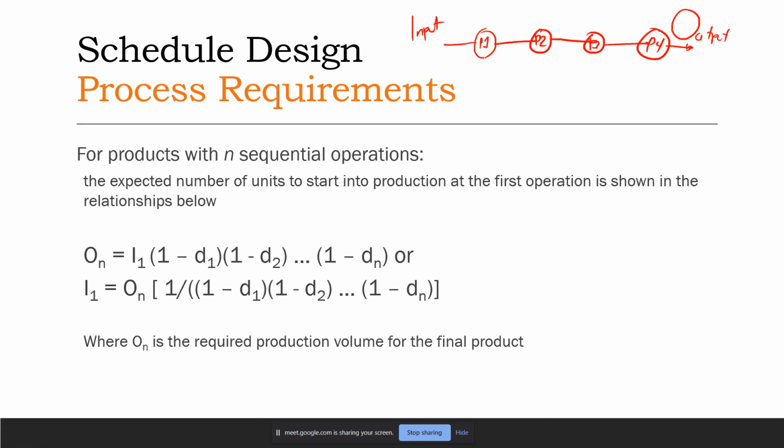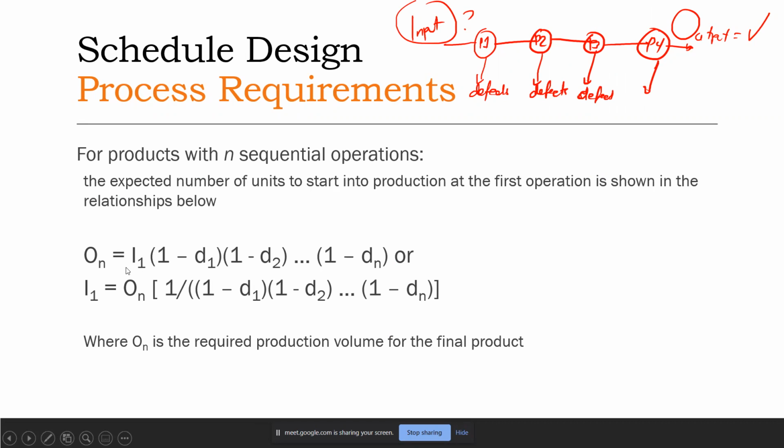Again, kada process, meron siyang nakukuhang defects or scrap. So paano natin malalaman yung input given that I need a certain quantity of output? So we may use this formula.